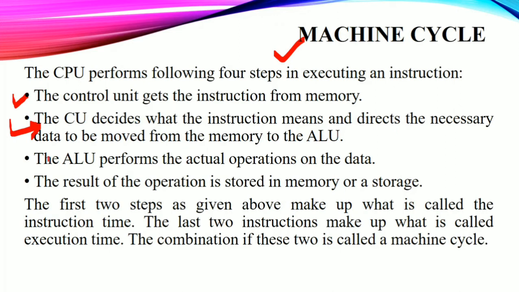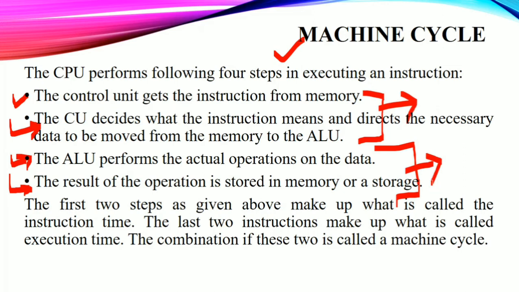Now when the ALU gets the data, it performs operations like addition, subtraction or other logical operations, and after that the results are obtained. And for taking these results, again the CU takes the results and gives them to the memory or storage. So here we have a total of 4 steps. The first and second steps are termed our instruction cycle or instruction time, and the third and fourth steps are termed our execution cycle or execution time.